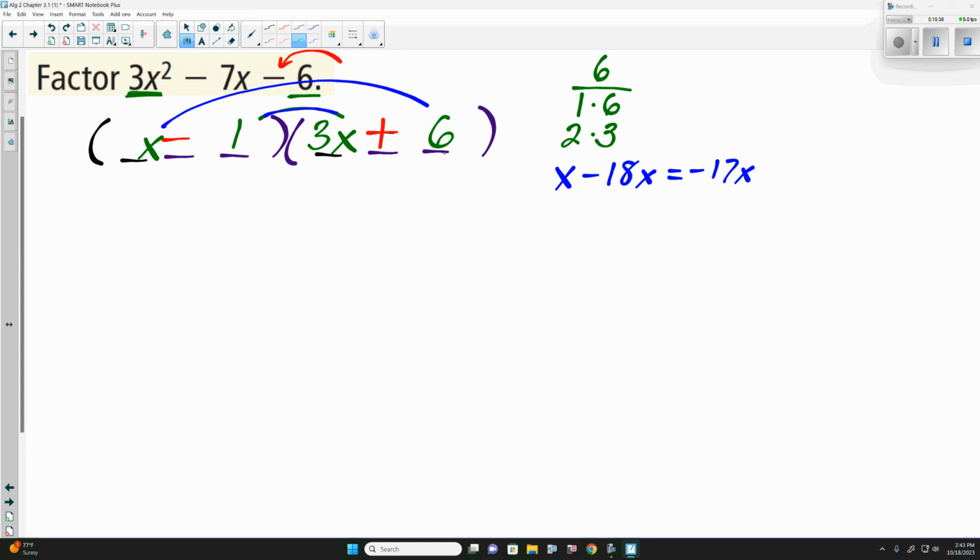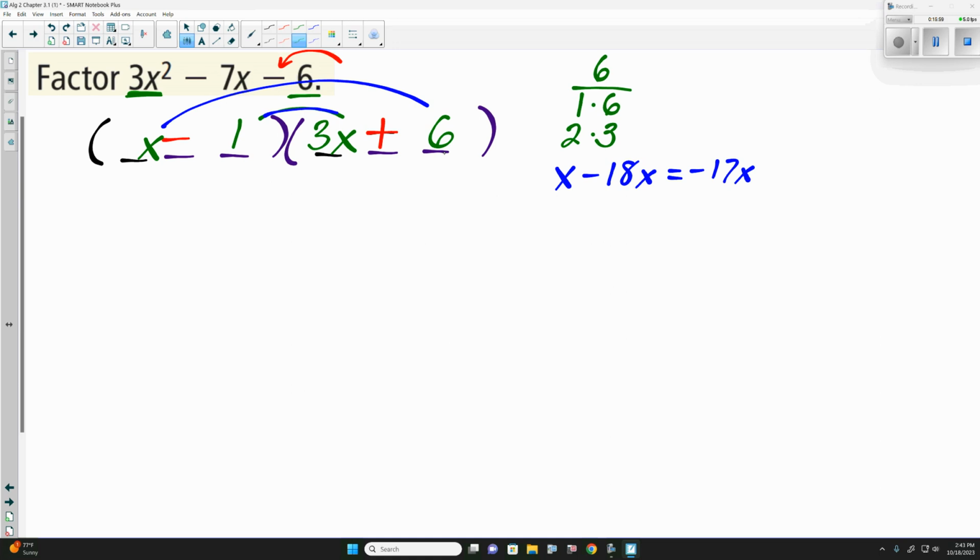One of the reasons I know this won't work is, one, because I've done this problem already today, and two, when we look at that second parentheses, we have 3x plus 6. Is there a greatest common factor between 3x and 6?